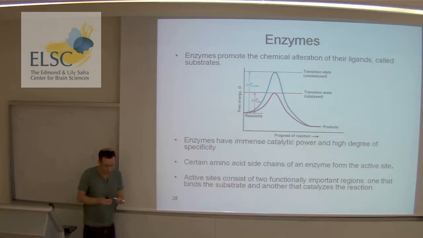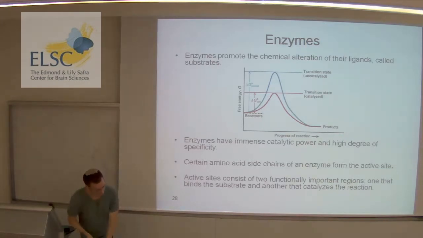Actually, chemical reactions will happen in the cell even in the absence of enzymes, but very slowly. Enzymes can promote a chemical reaction 1,000-fold. This is why we say that enzymes have immense catalytic power: compared to their absence, the chemical reaction will be promoted sometimes tens of thousands-fold.